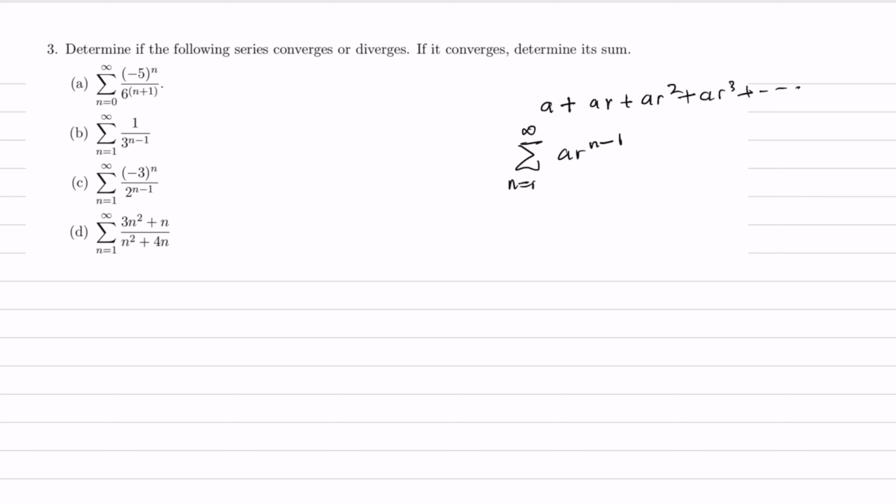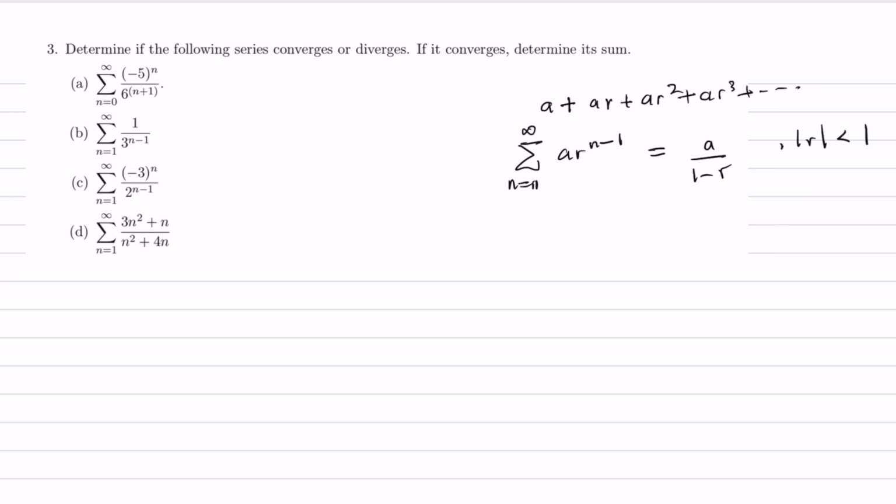And this converges to a over 1 minus r if and only if the absolute value of r is less than 1. This r is called the common ratio and a is called the first term. In high school, we call a the first term and r the common ratio.